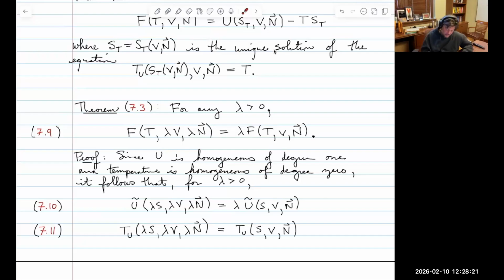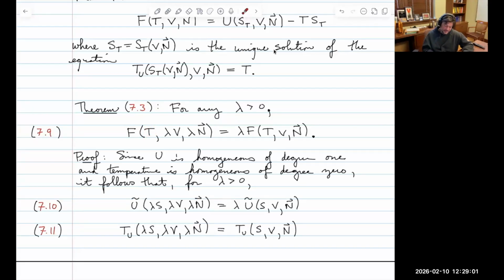If I have, well, let's start with this side. If I multiply F times an arbitrary parameter lambda, which is greater than zero, how does that move into the variables? If this were truly a homogeneous degree one function, then what we've said many times is that this lambda basically comes in and multiplies each one of the three variables. That's not what happens for the free energy, though. And that has to do with the fact that T itself is a variable which is homogeneous of degree zero.